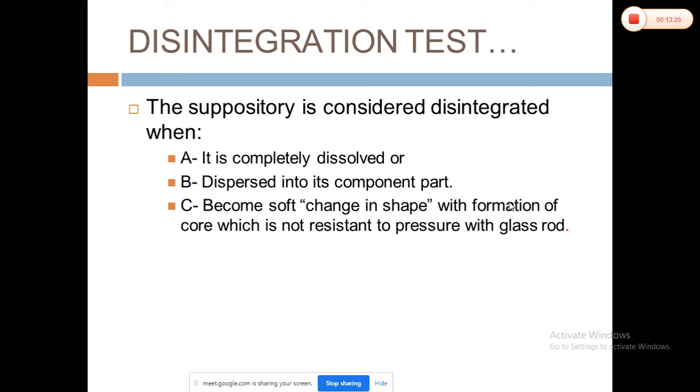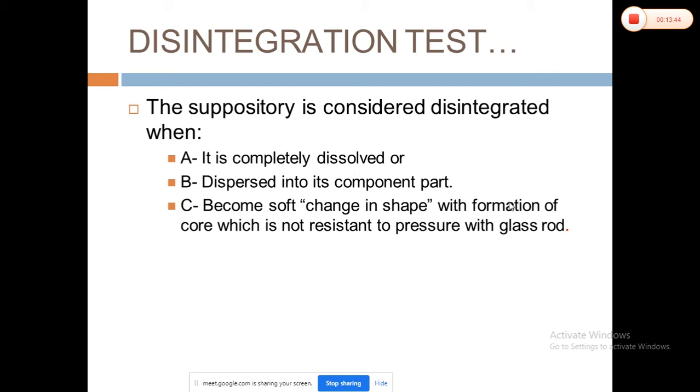The suppository is considered disintegrated only when it is completely dissolved, or when it is dispersed into its component parts, or becomes soft and changes in shape with the formation of a core which is not resistant to pressure with the glass rod.